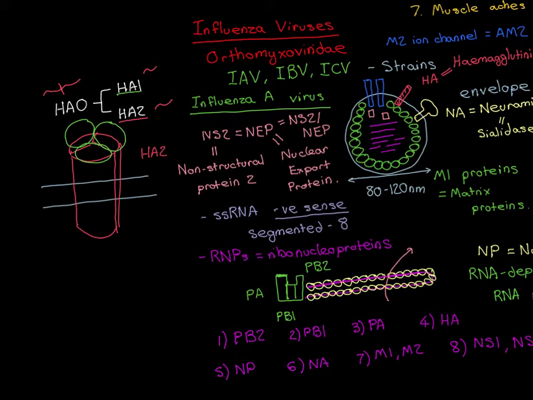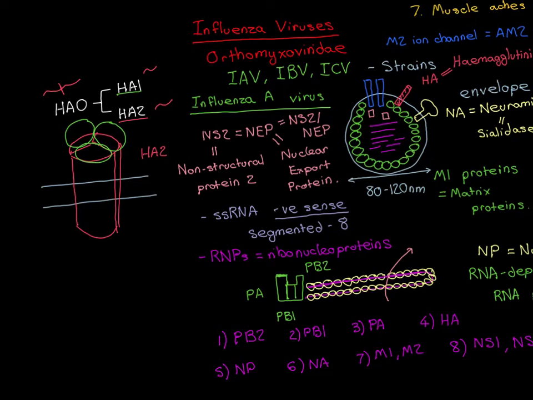So I hope this is now clear. We start by synthesizing 3 hemagglutinin 0 polypeptides, we trimerize them together, we then process the hemagglutinin 0 polypeptides in the trimer so that they're actually split into these 2 components, each of them, hemagglutinin 1 and hemagglutinin 2. However, they still remain bound together, just not by a peptide link anymore. So we've got 3 dimers of hemagglutinin 2 with hemagglutinin 1.